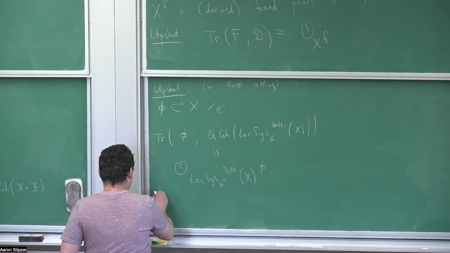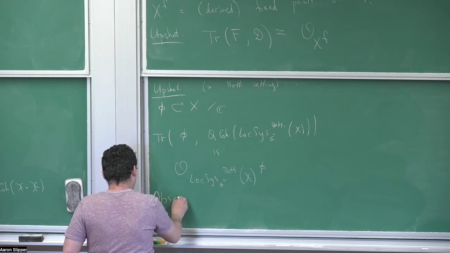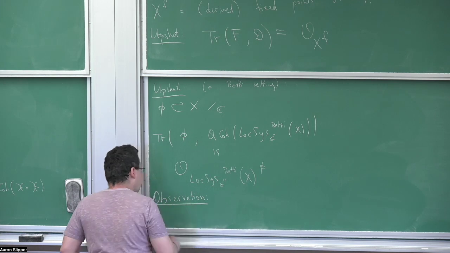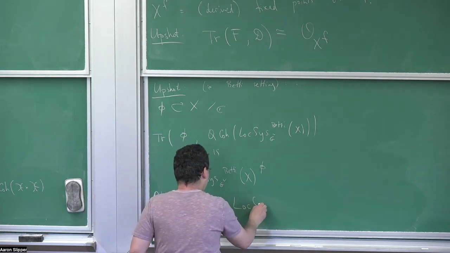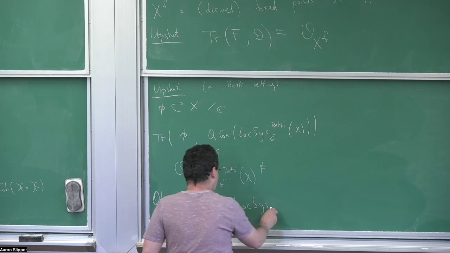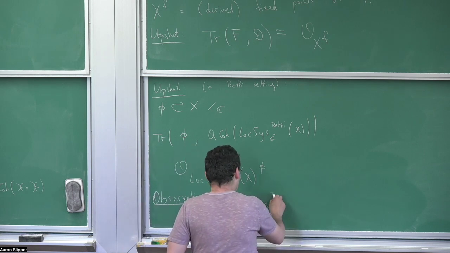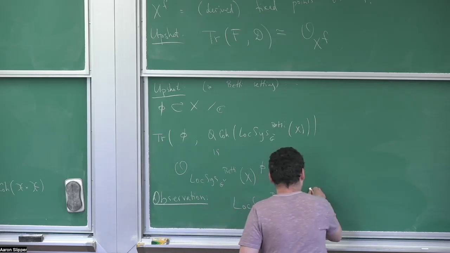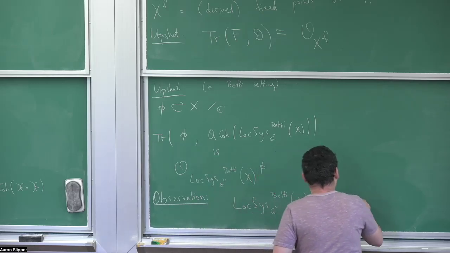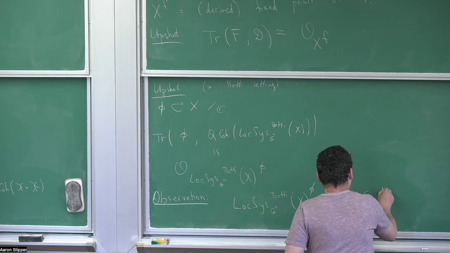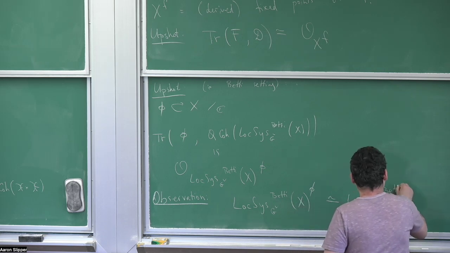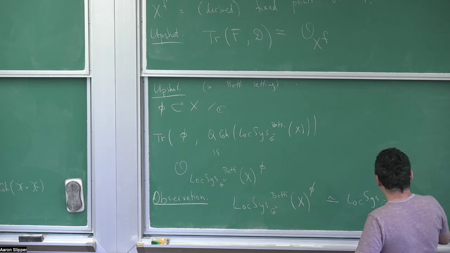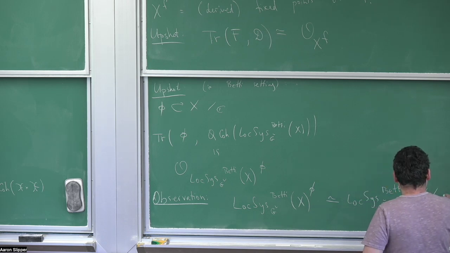And now the observation to make is that this derived fixed points gets identified with the same kind of Betti moduli space for the quotient.